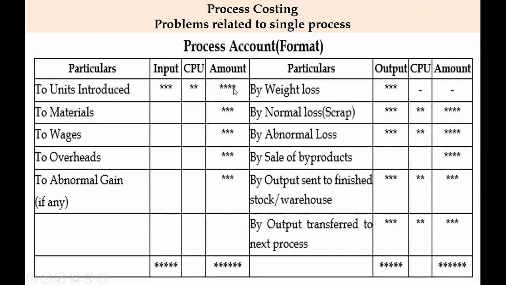We have to just give the total rupees amount. All the costs, that is material, wages, overheads, are to be taken on this side, and also abnormal gain will be taken on the debit side. Whereas on the credit side we have weight loss, normal loss, abnormal loss, by sale of byproducts if any, by output sent to finished stock or warehouse, and by output transferred to next process.